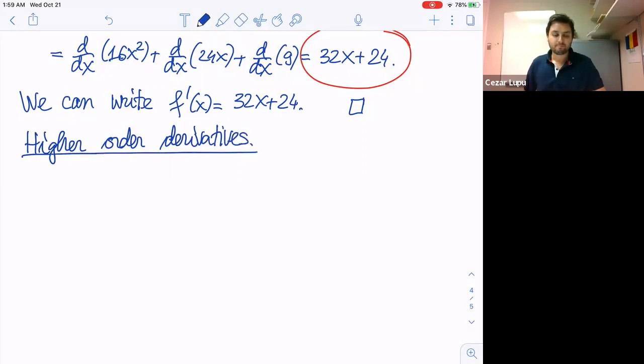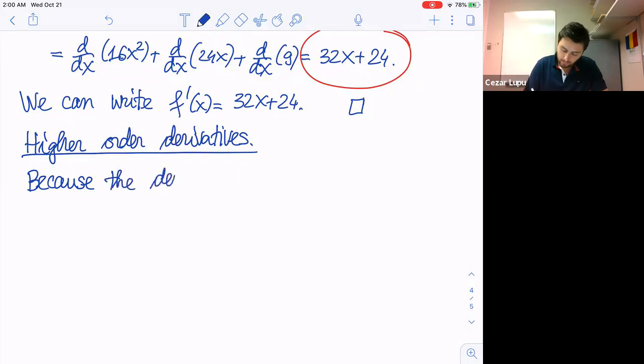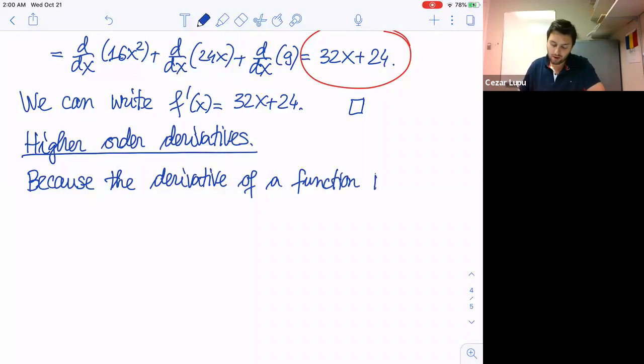All right. The philosophy is the following, because the derivative of a function is also a function.